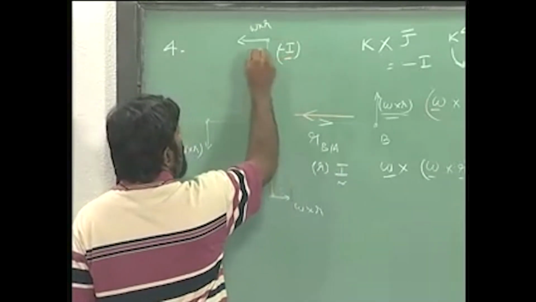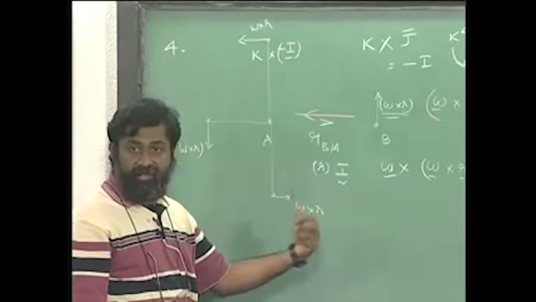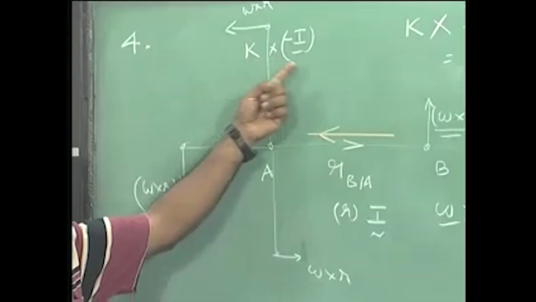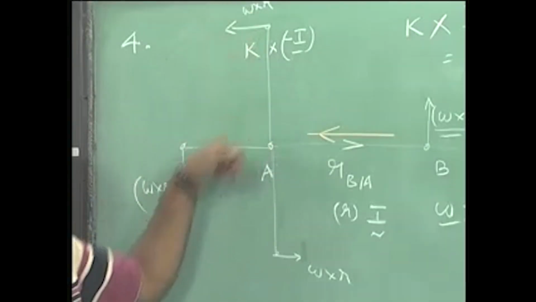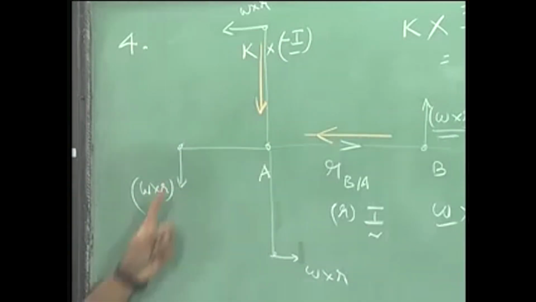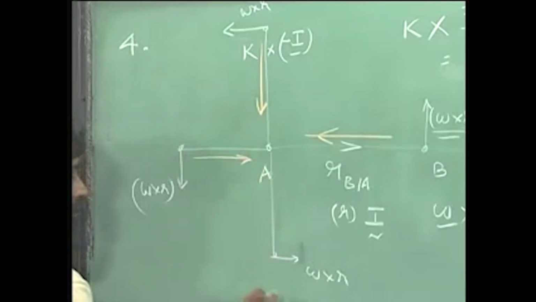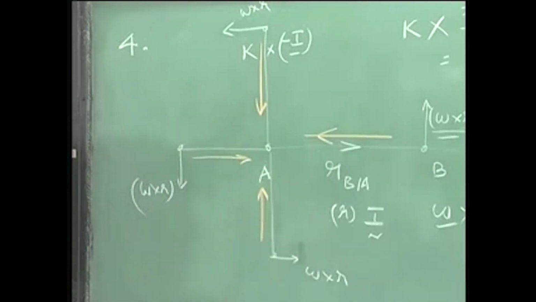Omega cross this is k cross minus i. k cross i is j, k cross minus i is minus j. So the direction is like this. If you do the same thing for this, you will get the direction to be this way. For this, you will get the direction to be this way.